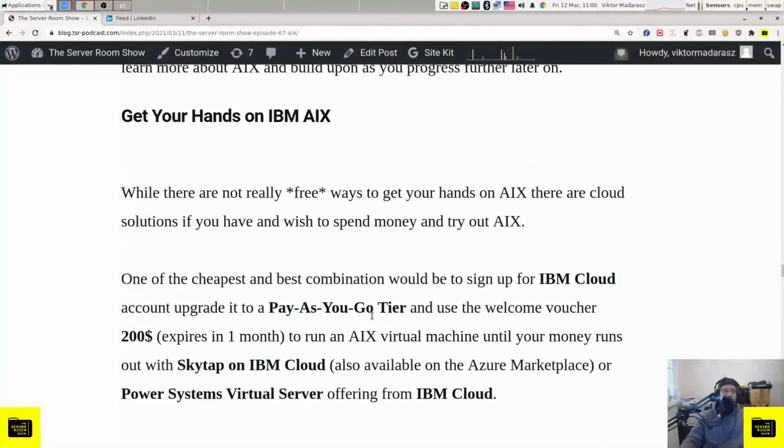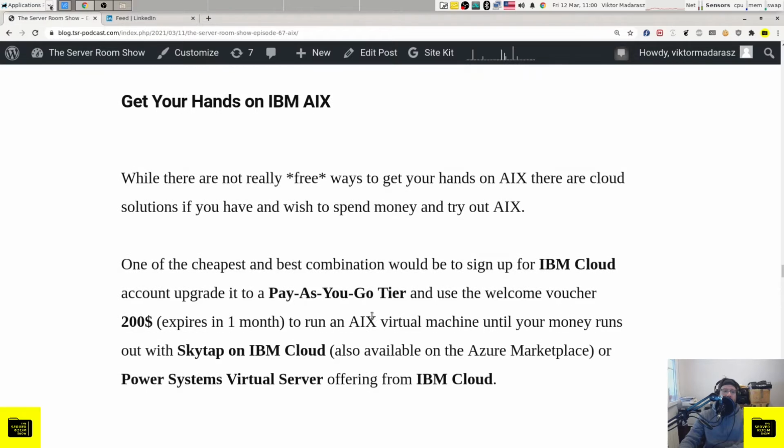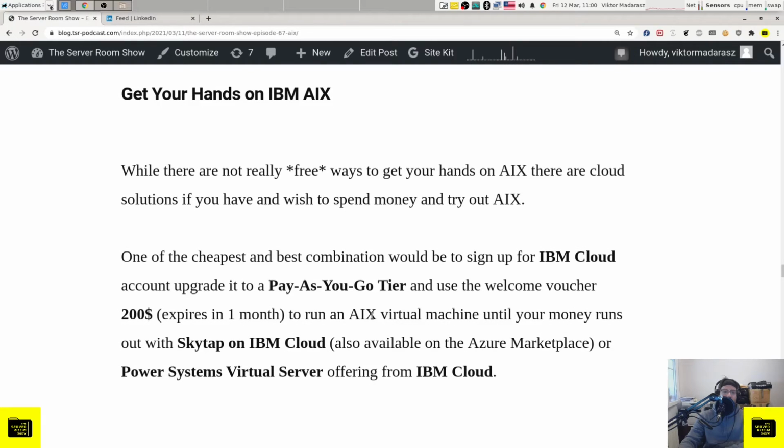To get your hands on IBM AIX, this is the part most of you have been waiting for, and this is the part which can be very useful if you want to get into AIX. While there are not really free ways to get your hands on AIX, because it runs on a different architecture, you cannot run AIX on a normal x86 architecture or ARM.